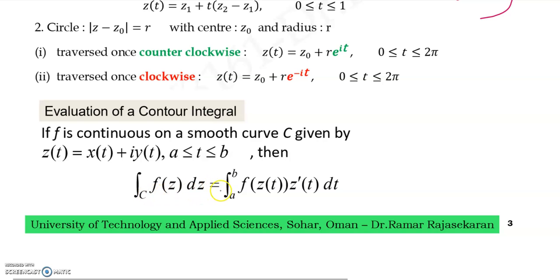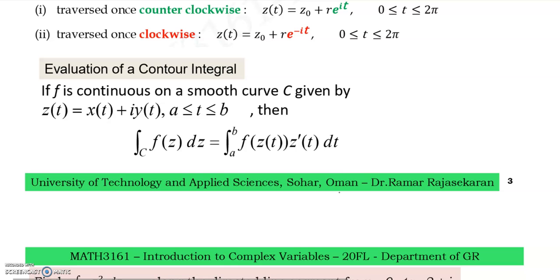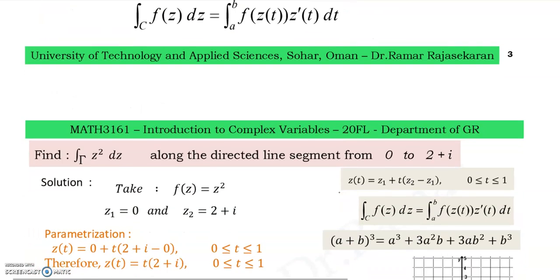It is equal to the integral from a to b. You have to write the function in parameterization form, then find the derivative of that z of t, multiply here and then integrate with respect to t. We will see a few examples on this, how to evaluate the contour integral.